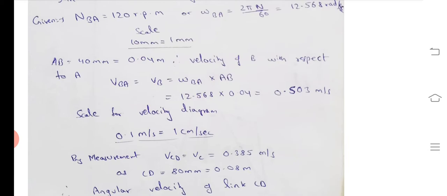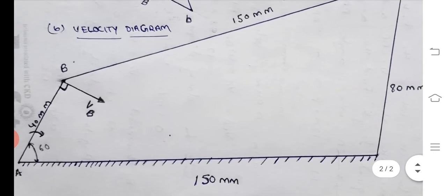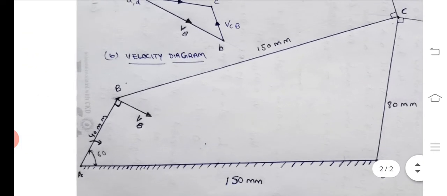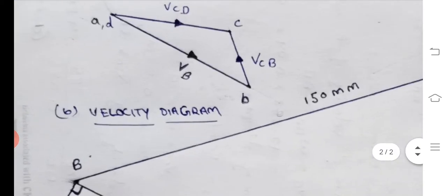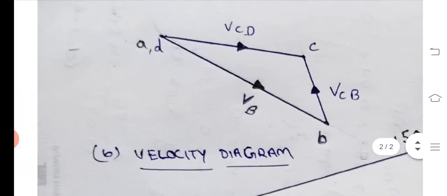First we have drawn the space diagram. For finding velocity, we have to draw another diagram which is known as the velocity diagram. The space diagram is always shown with capital letters, and the velocity diagram is always shown with small letters. Now we have taken a velocity diagram as in the figure.